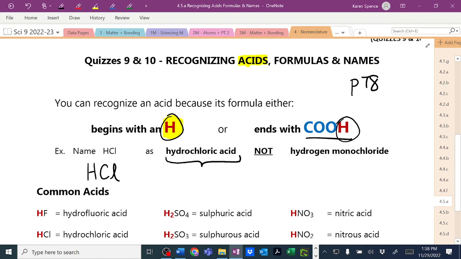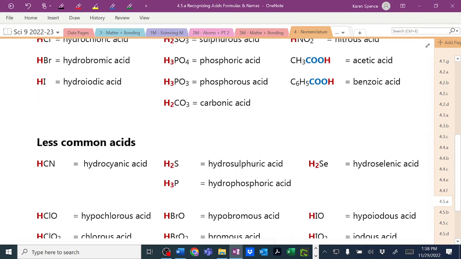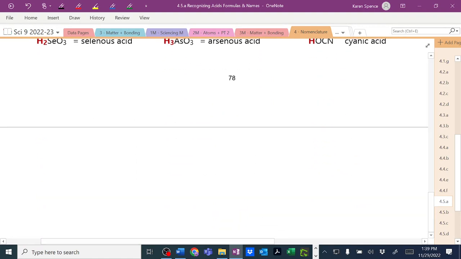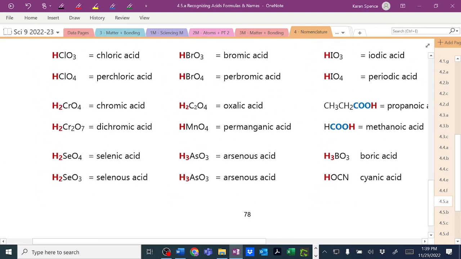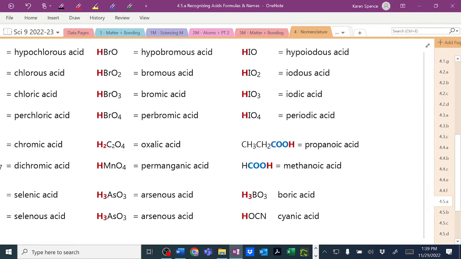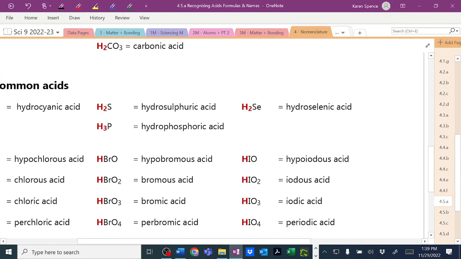It's there for your reference if you get stuck, okay? Maybe I shouldn't have put it in the package, but there it was, okay? So that's it for that one, and then there's just a whole ton of acids here. You can see all of them start with H, except for a few which end in COOH. Okay?